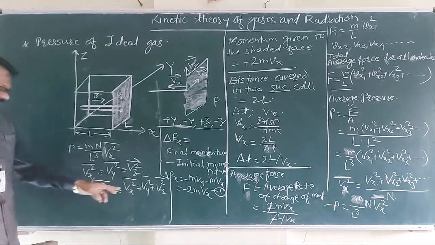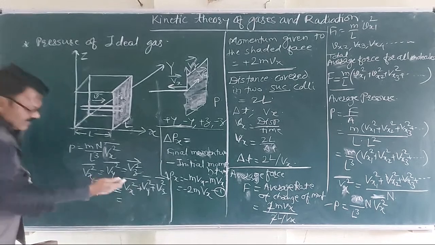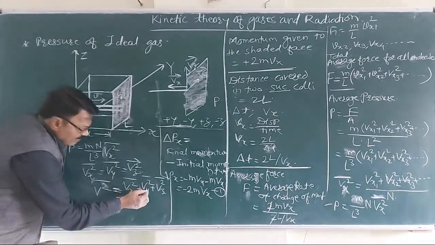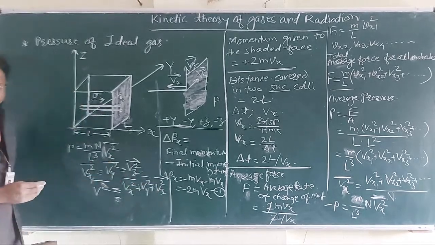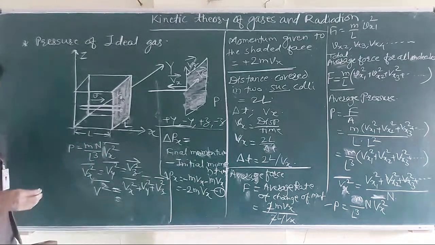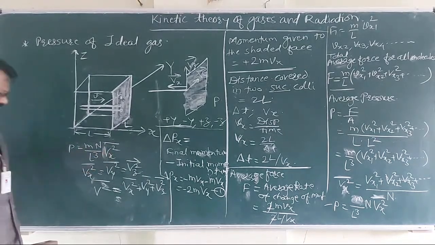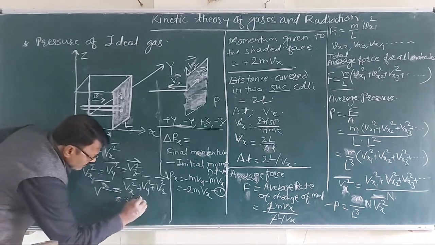Therefore, when we take this as a single term, it is Vx square bar, Vy square bar, Vz square bar. This is also Vx square bar because all are the same. Therefore, we compare with Vx square only, and we get 3 Vx square bar.